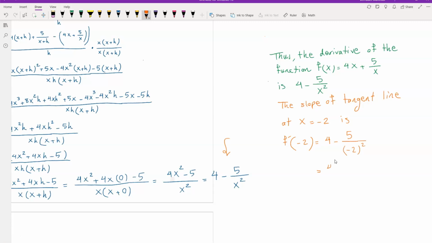So this is equal to 4 minus 5 divided by 4. Here we have 16 minus 5. So our final answer for this part is 11 divided by 4. So this is the slope of the tangent line.